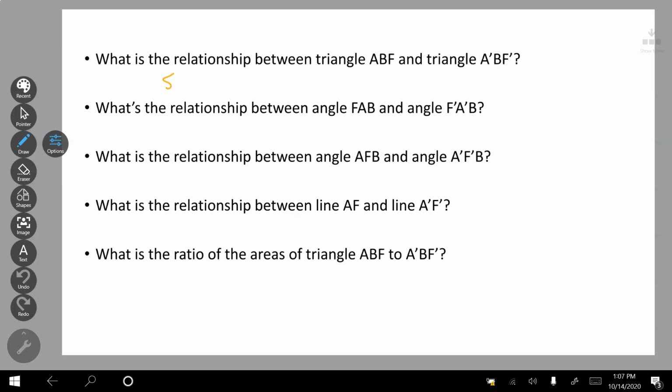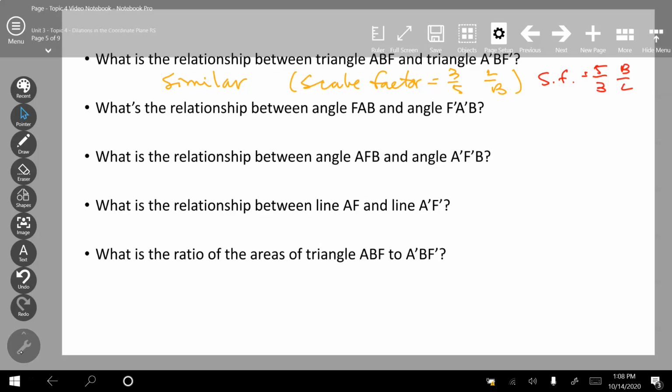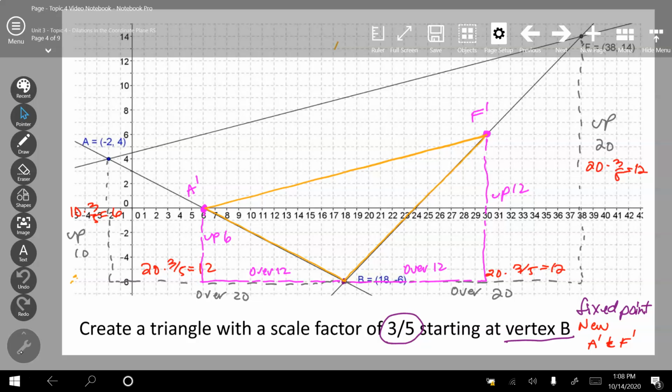Well, they are similar with a scale factor equal to 3/5 if you go little to big. If you want to go the other way, you could say your scale factor is equal to 5/3 if you go from big to little. That's comparing the two triangles, that the orange to the original is like that.